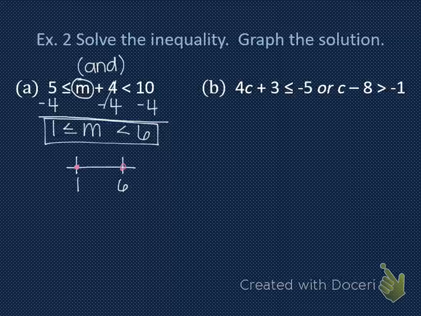Now, the arrow. Michaela, the arrow from number 1 should be going what direction? All right, now be careful. Remember, we read from the variable. So if I read from the m, it actually reads m is greater than or equal to 1. So what direction should my arrow go? Okay, from 1, my arrow should be going to the right. All right, m is what then 6?